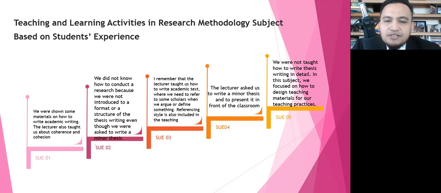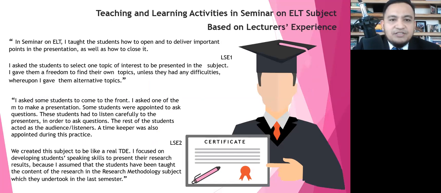And the fourth student said that the lecturer asked us to write a minor thesis and to present it in front of the classroom. And the last student said that we were not taught how to write a thesis in detail. In this subject, we focus on how to design teaching materials for our teaching practice.